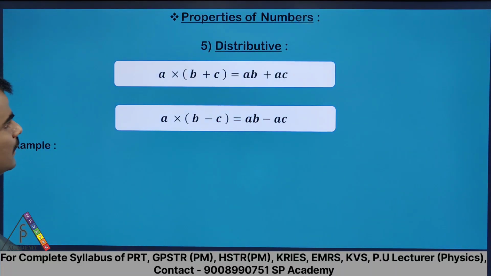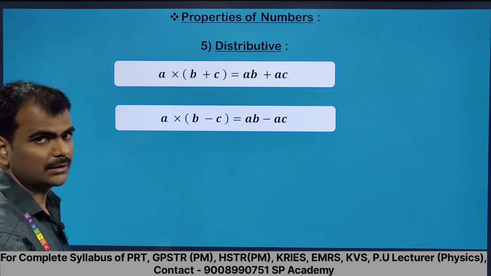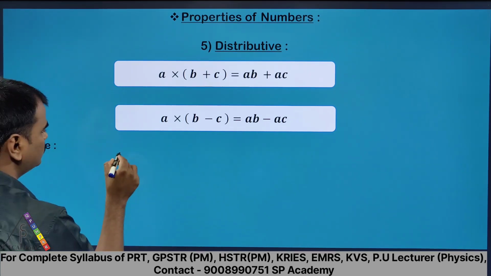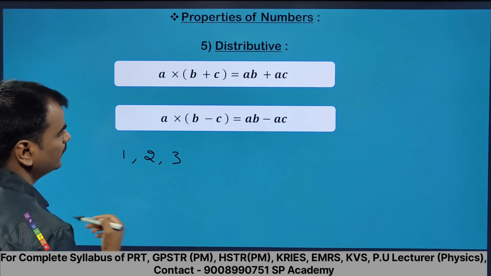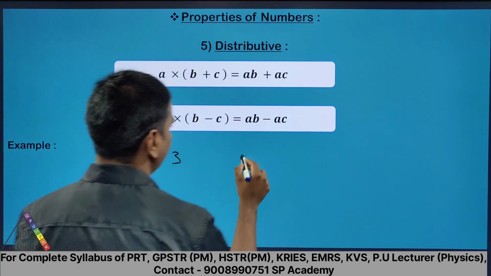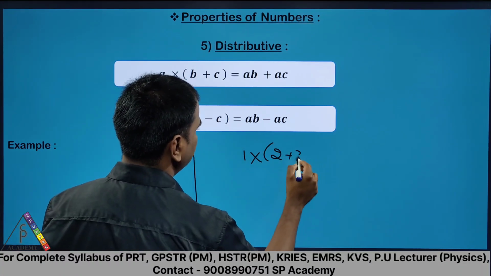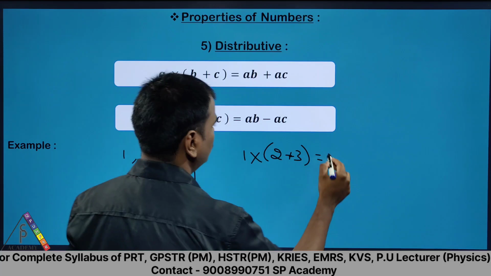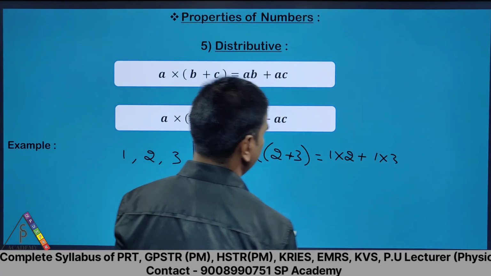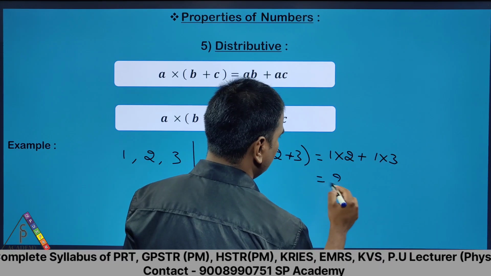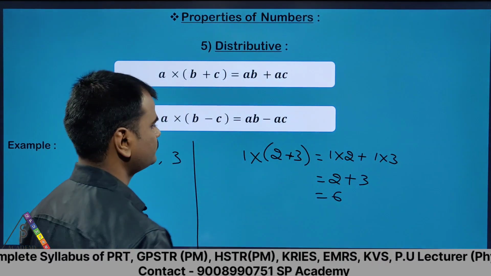Next, distributive property. For this distributive property, I will take whole numbers, a as 1, b as 2 and c as 3. When you check the first property, 1 into 2 plus 3 will be equal to 1 into 2 plus 1 into 3. Therefore, 2 plus 3 is equal to 6.